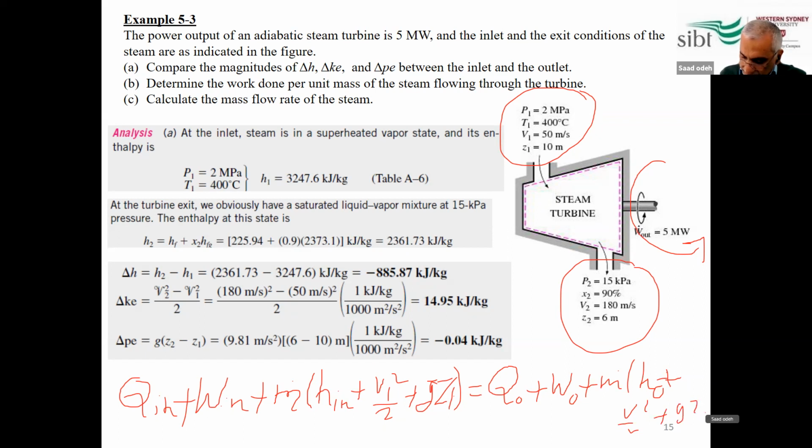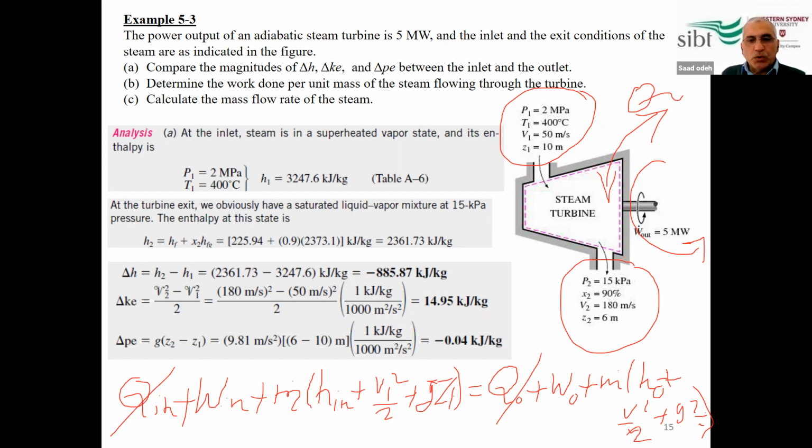Okay. All right. So now after we write this equation, you can ask yourself, is there any heat out or heat in? Is there any Q leaving the system or entering the system? As mentioned in the question here, there is no heat in and out, correct? So you can eliminate these two terms.